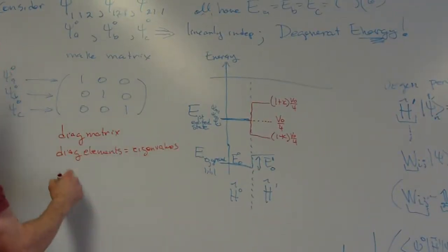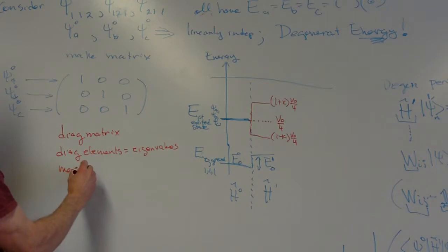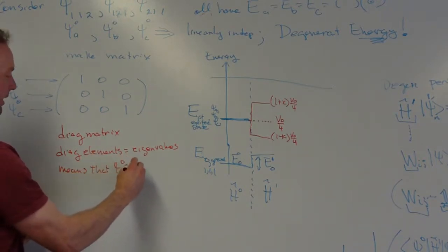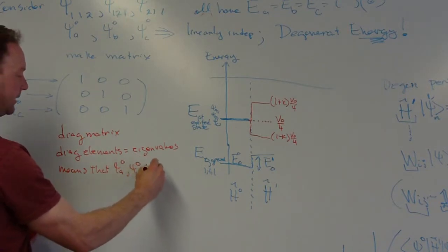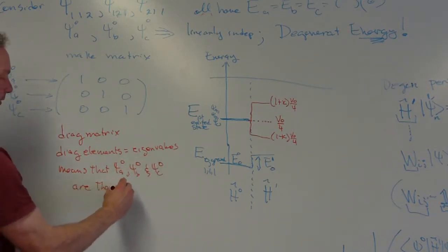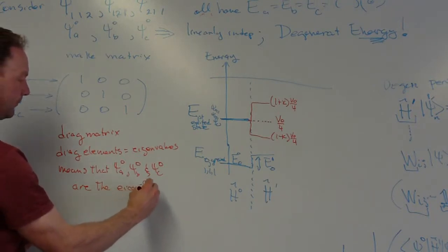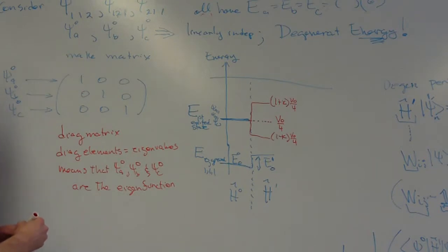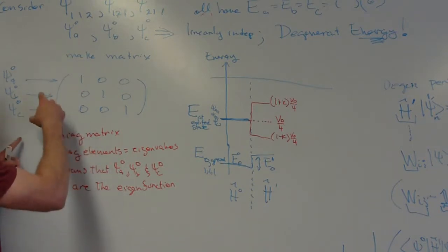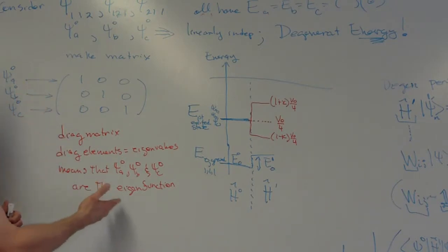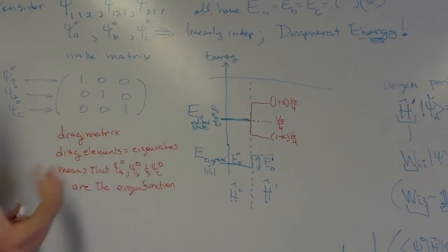And it means that psi A0, psi B0, and psi C0 are the eigenfunctions. So when you have a diagonal matrix, it means that the basis set that you're using, psi A, psi B, and psi C, those are the eigenfunctions, and these are the eigenvalues.